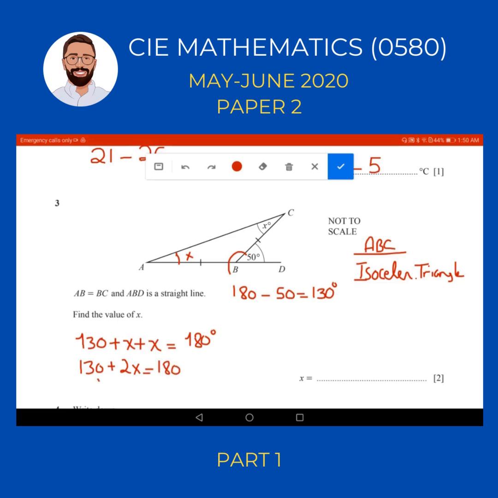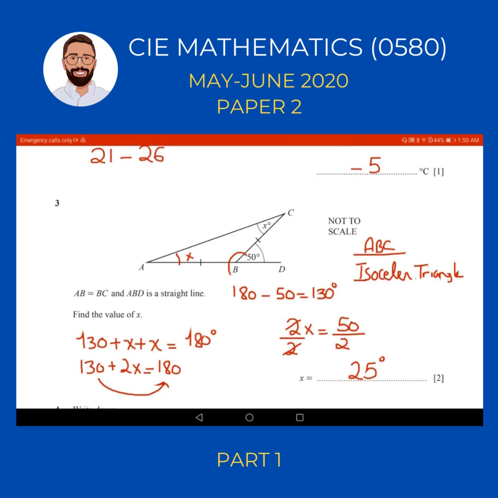So I need to shift 130 to the right. So 2x is 180 minus 130, which is 50. To find x, I need to divide the left-hand side by 2 and the right-hand side by 2. So x is 50 over 2, which is 25 degrees. So that was question 3.